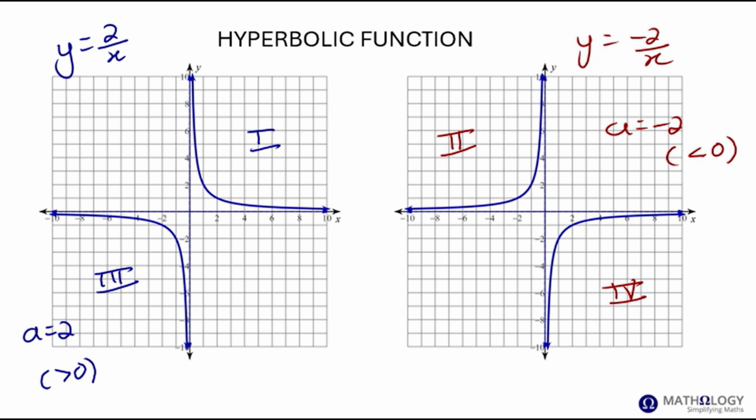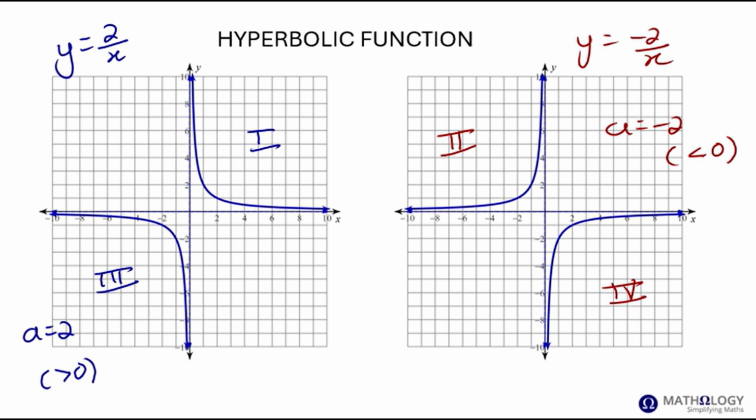Now, to sketch these functions, we use a table of values, much like we did with the linear and the quadratic function. So we're going to draw up a table of values. We're going to select 5 x values, and then plug them into the function and determine the corresponding y values. Now, one thing to note about the hyperbolic function is that we have what are called asymptotes. An asymptote is a line that a function will never cross.